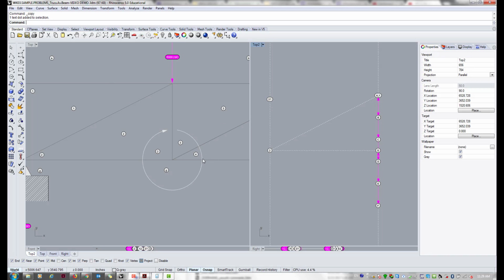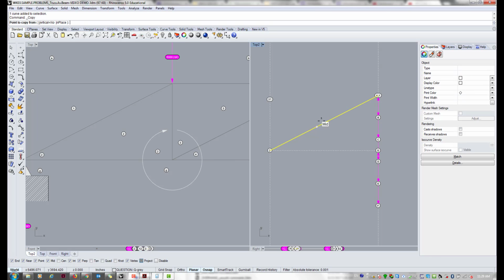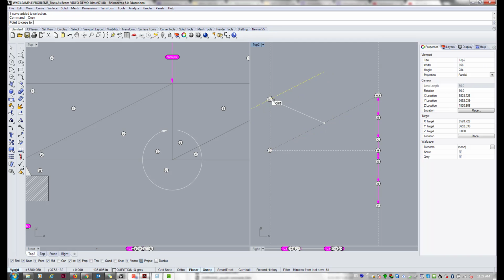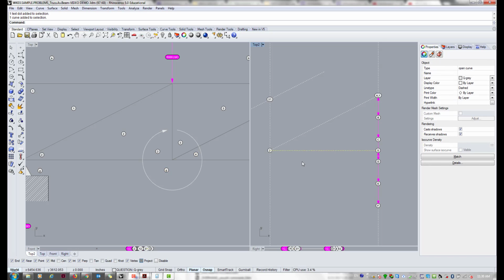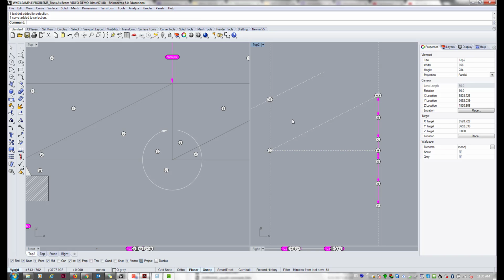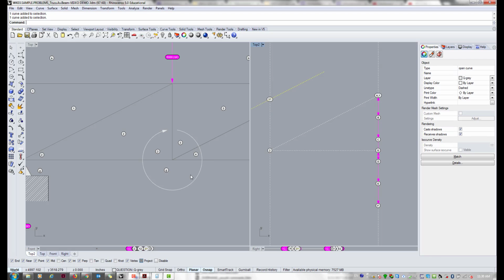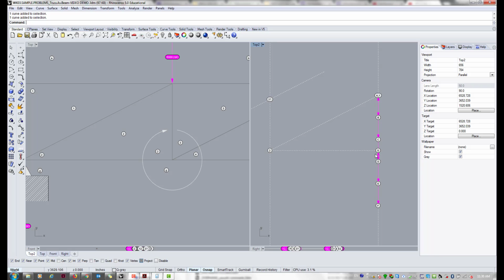And 3-4 will be starting from point 3, we don't even know where, and point 4 is going to be on here somewhere. But what's helpful is there is 4G, which is horizontal, starting from here. But it's not super helpful actually. So G2, 2-3 is vertical, 3-4 is this diagonal, and 4G is horizontal, starting from G.